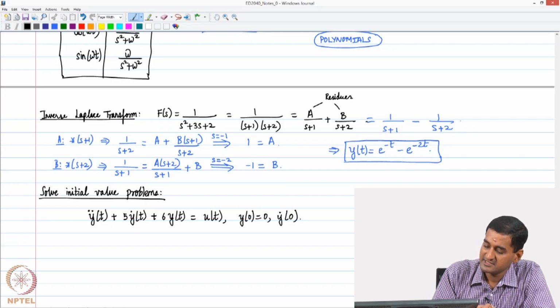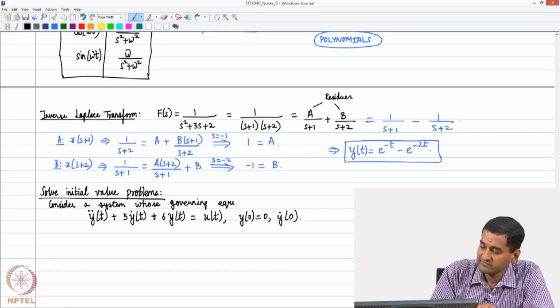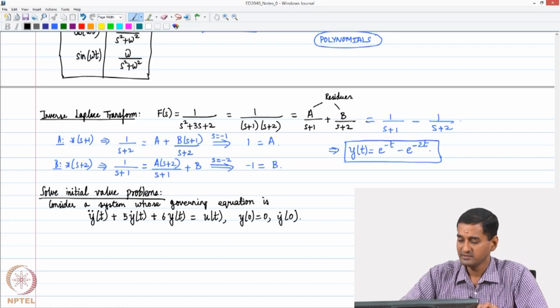So consider a system whose governing equation is the following.